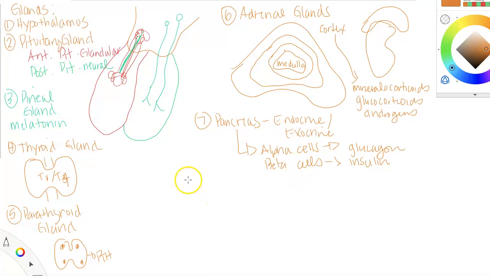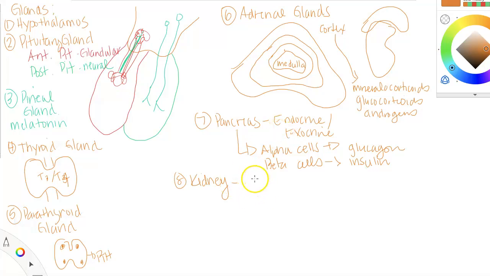The next one is going to be the kidney. So the next things I'm going to talk about are basically organs. They're not necessarily prominently glands, but they do secrete important hormones.